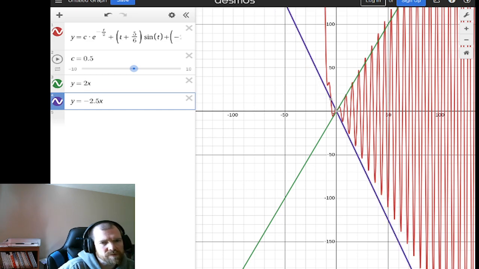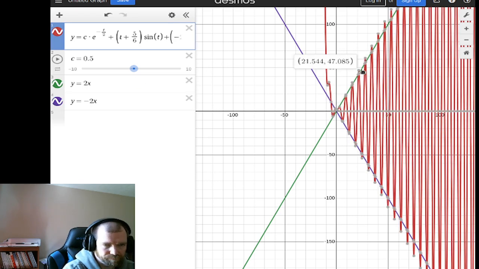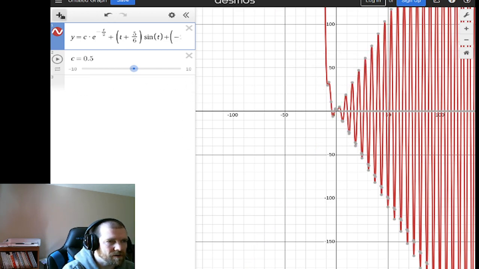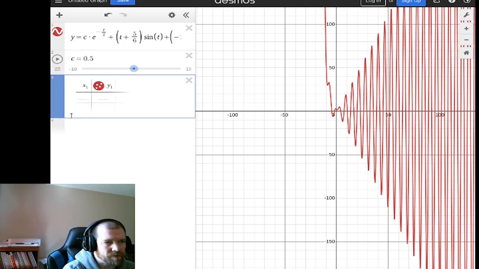But 2.5 is too much. That's fun. We could try to figure this out. So if we wanted to, we could take all of the peaks and find out what their values are. This would be another, just another thing we could try out.